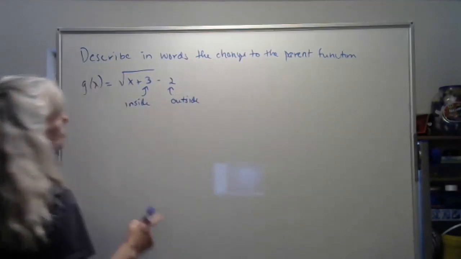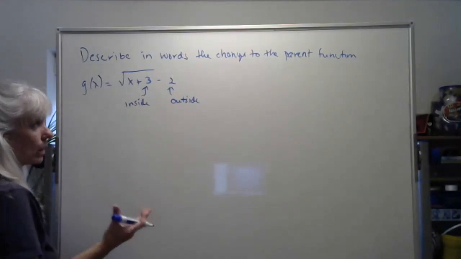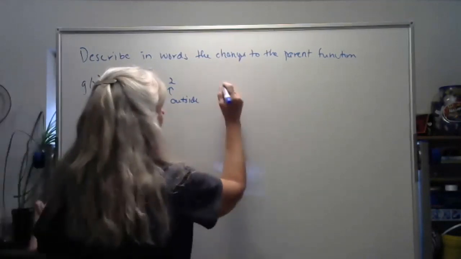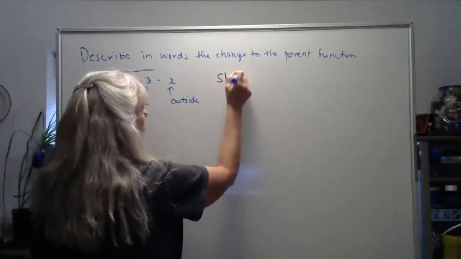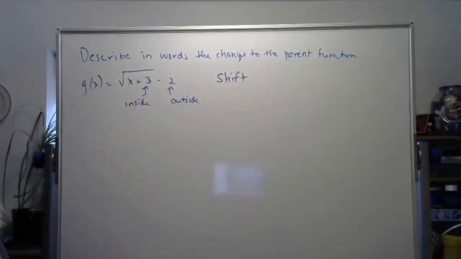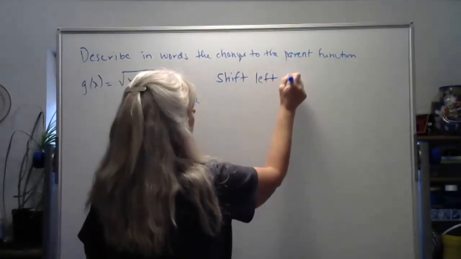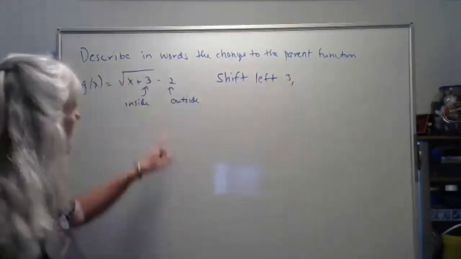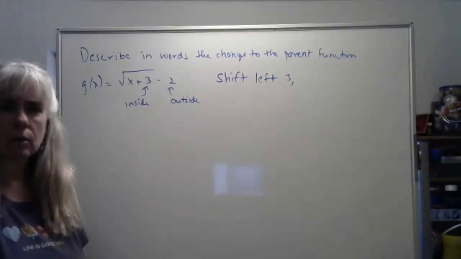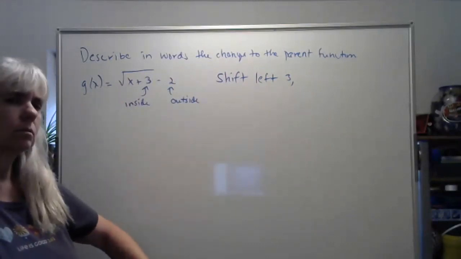Okay, so then in words, the plus 3 that's on the inside, we do the opposite of what it says to do, so we know it's going to shift the graph how? To the left 3. Beautiful. Shift left 3. And then the minus 2, because it's on the outside, does exactly what it says, so that's going to shift it down 2.